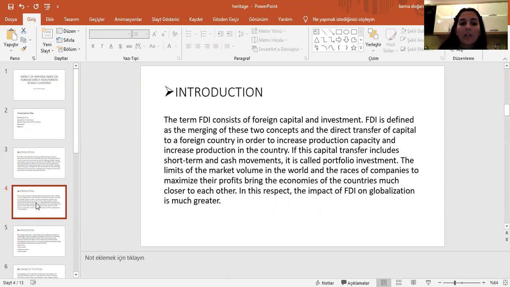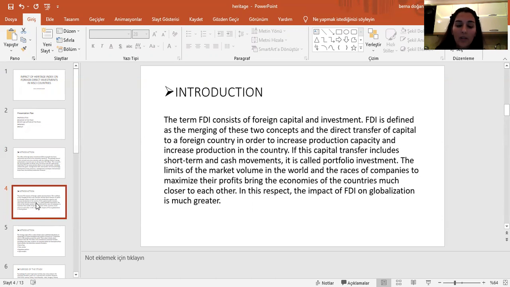The term FDI consists of foreign capital and investment. FDI is defined as the merging of these two concepts and the direct transfer of capital to a foreign country in order to increase production capacity and production in the country. If this capital transfer includes short-term and cash movements, it is called portfolio investment.